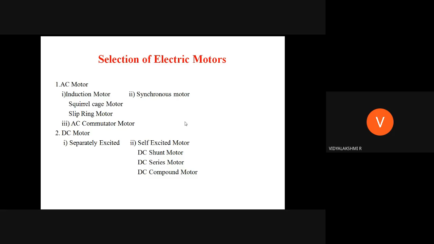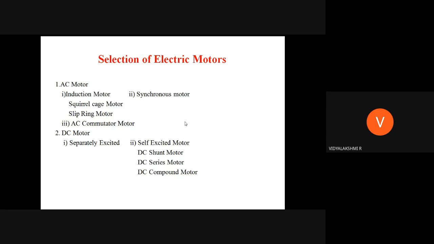There I have used the DC motors. DC motors are further classified into separately excited DC motor and self-excited DC motor. Self-excited DC motor is further classified into shunt motor, series motor and compound motor. Separately excited motor means the field is excited separately. I have given the separate excitation to the field winding. Already said.